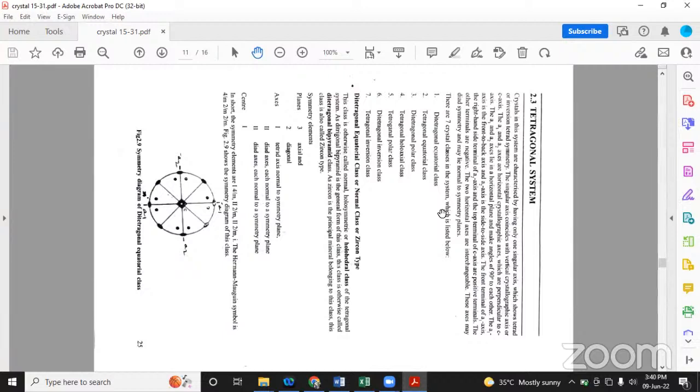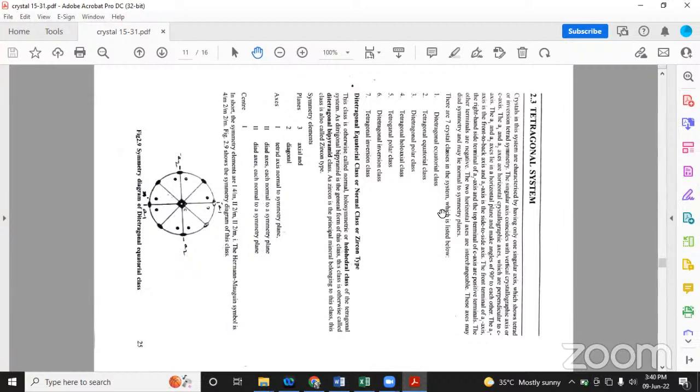Of the seven, one is the normal class, the ditetragonal dipyramidal class, or zircon type. We can call it zircon type. Galena type comes into the cubic system; zircon type comes under the tetragonal system.